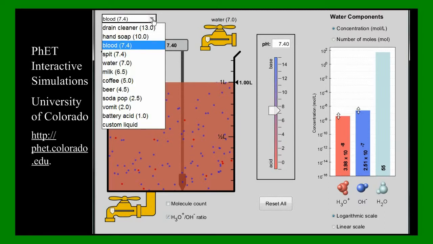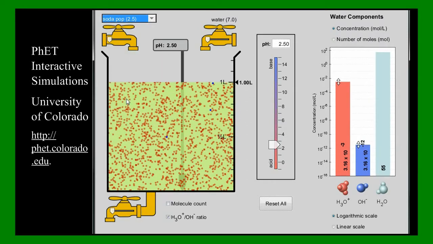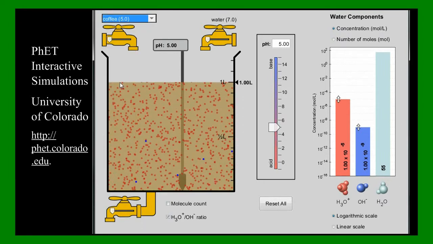If we look at something that's slightly acidic, like soda pop, or let's look at coffee. Coffee tends to be acidic. Acids have more hydrogen ions versus hydroxide ions, which is why the number is taller here and shorter for the hydroxides. Also, the number on the pH scale goes down as you go toward acids and goes up as you go towards bases. We can change our substance.